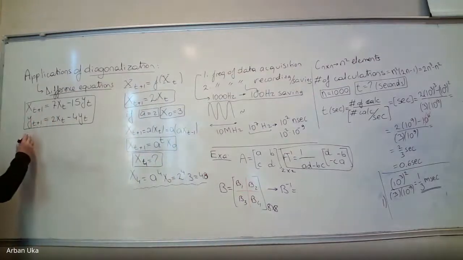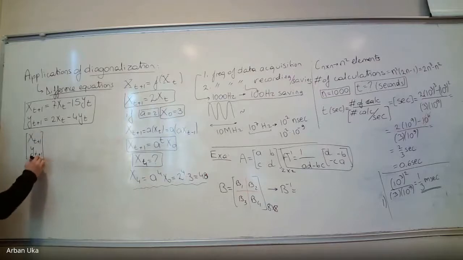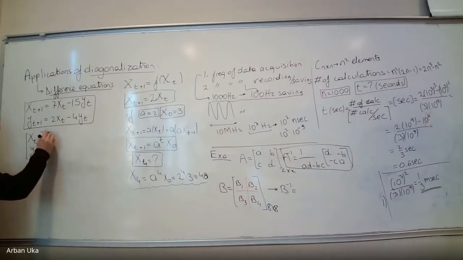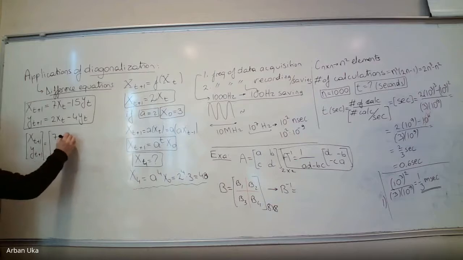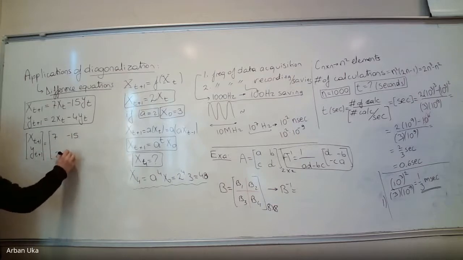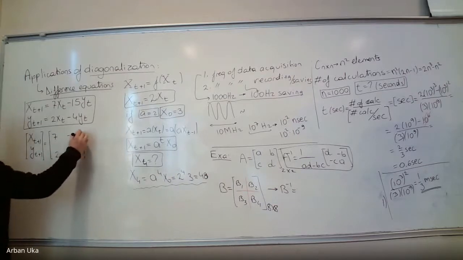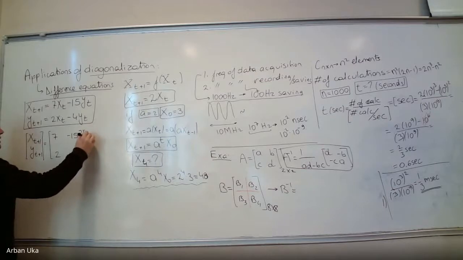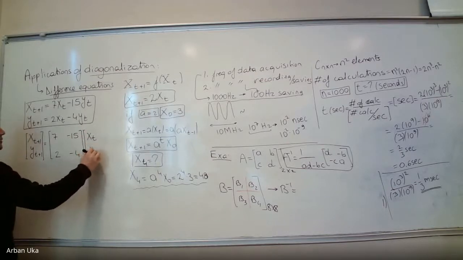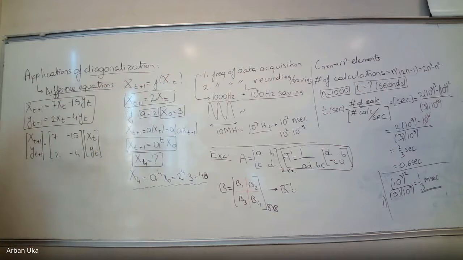Now, this statement here, we can reformulate as such. (x_{t+1}, y_{t+1}), this is the vector later in time, is equal to the matrix with rows (7, -15) and (2, -4), times (x_t, y_t). So this is the reformulation of our problem.